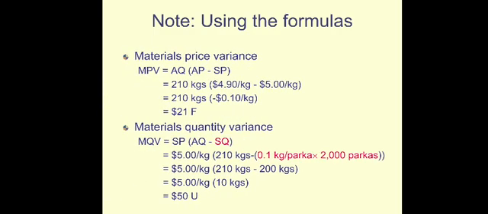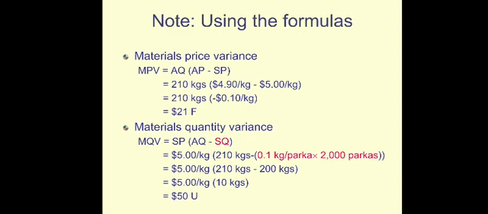variance using the formula. Okay, remember the formula to calculate the material price variance is actual quantity times actual price minus standard price. So the actual quantity of fiber fill purchased for the production according to the sample question is 210 kilograms.